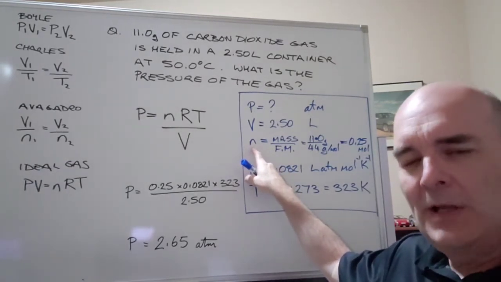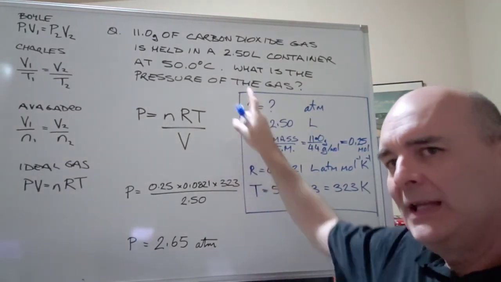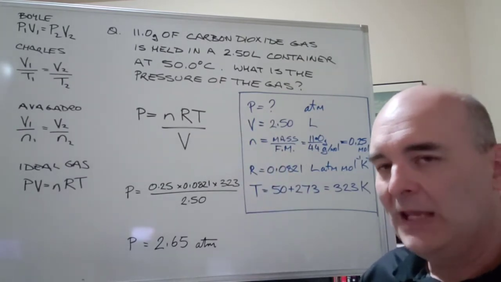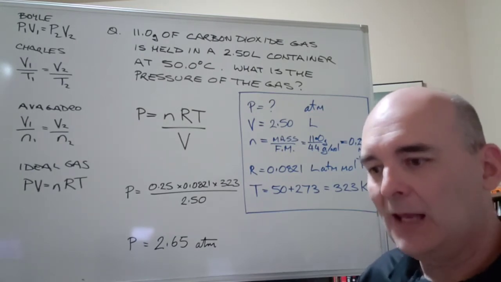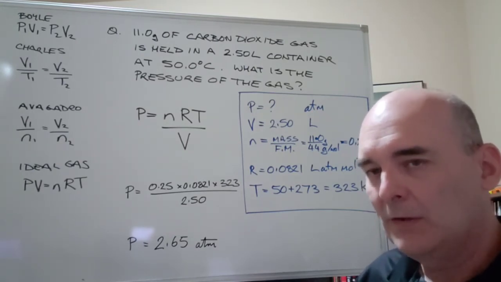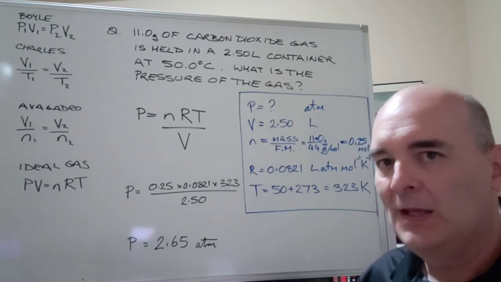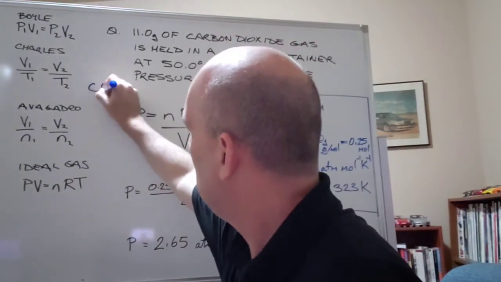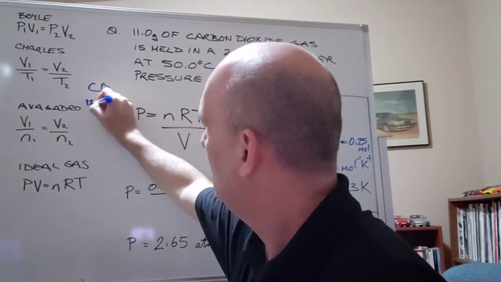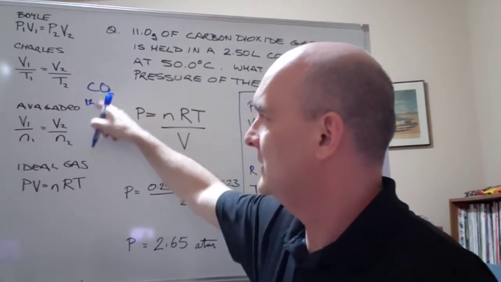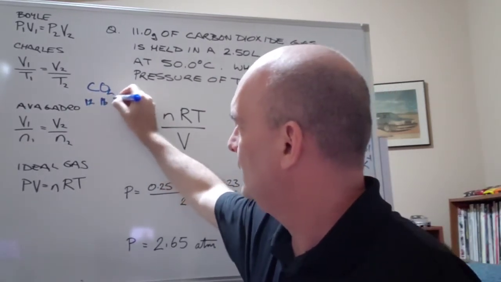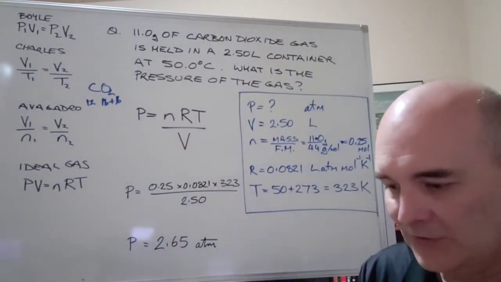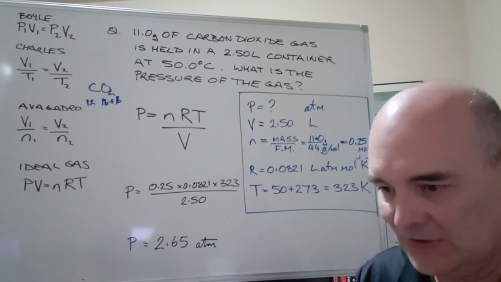N is the number of moles. That's not given to us in the question, but it is implied because they give us a mass and they tell us the name of the chemical. The name of the chemical is carbon dioxide. That is CO2. CO2 has mass, carbon on the periodic table has mass of 12, and oxygen has mass of 16. The formula mass of carbon dioxide is a 12 and a 16 and a 16.